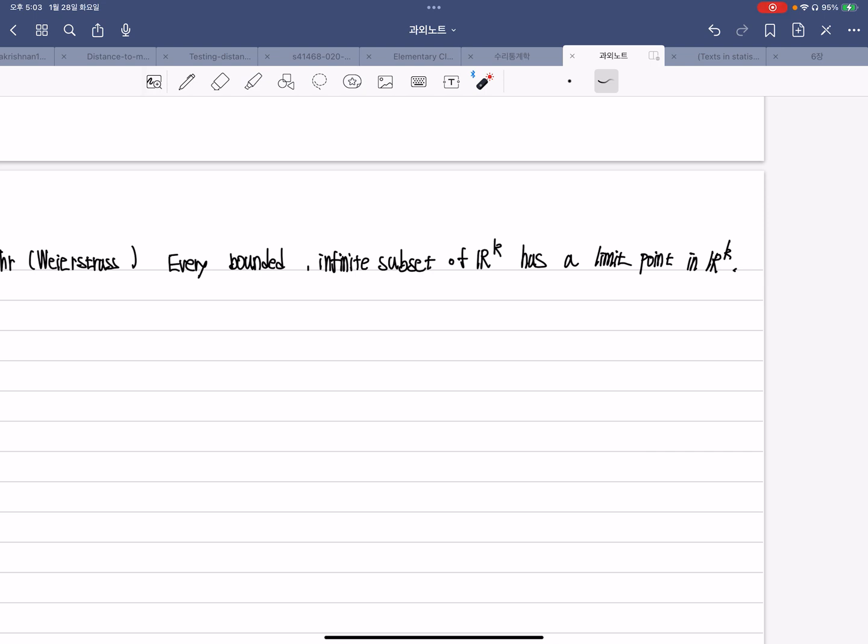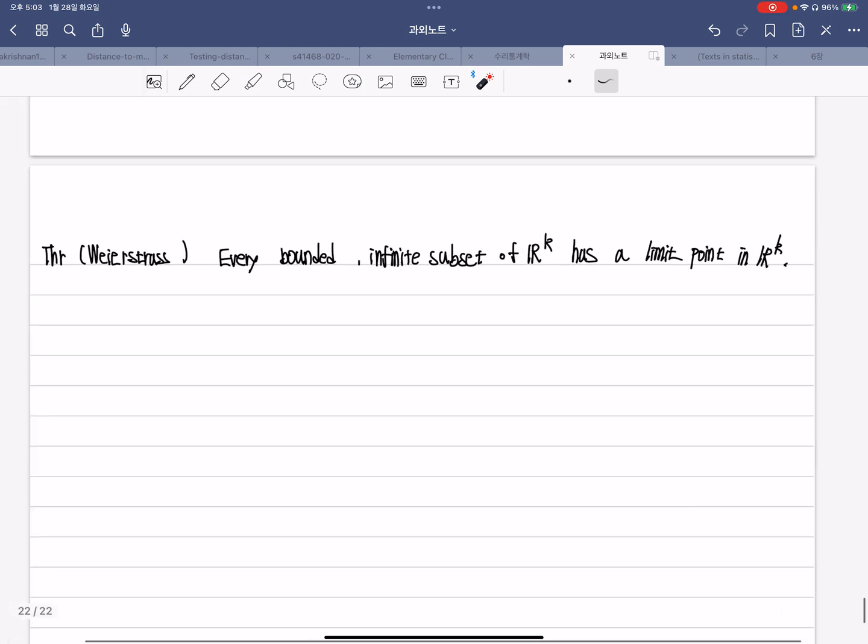Because the k-cell is a subset of Rk, the limit point is contained in Rk. Okay. The proof is done.